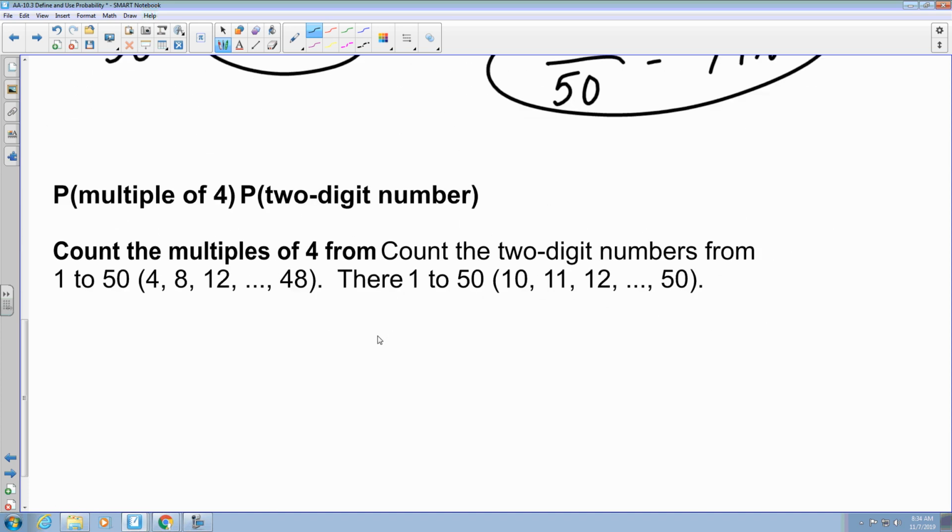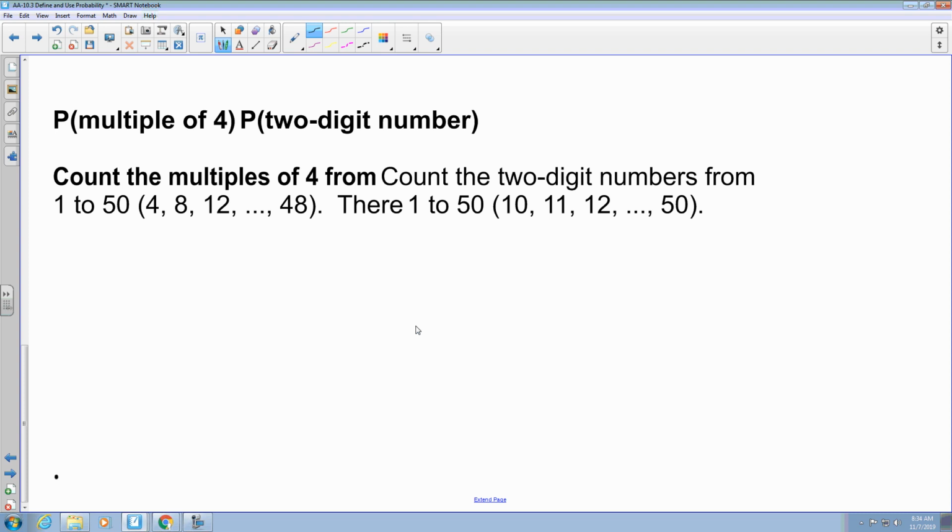If we look at the bottom here, now they want multiples of four. They gave you some of them: 4, 8, 12. So we got 16, 20, 24, 28, 32, 36, 40, 44, and 48.